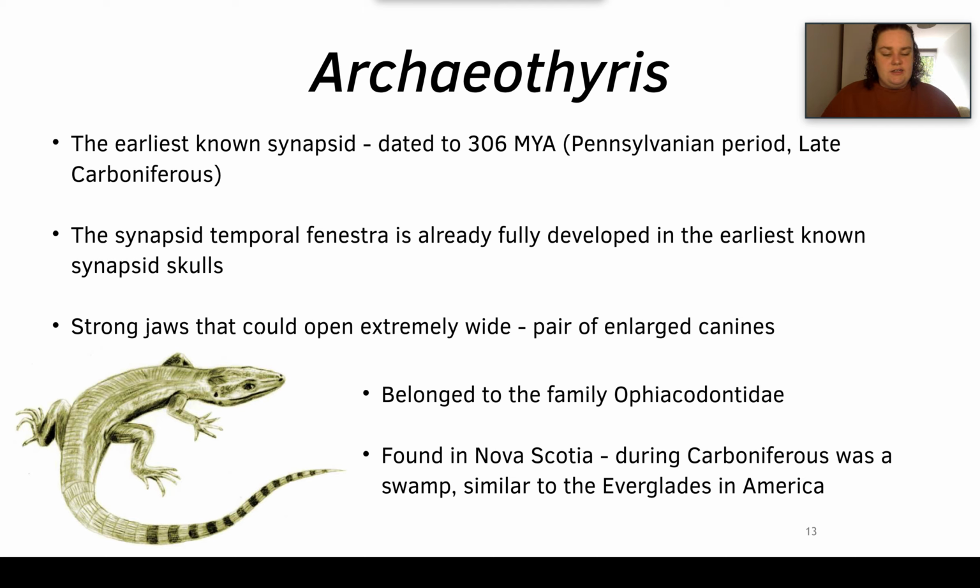It was found in Nova Scotia, which during the Carboniferous was a swamp similar to the Everglades in America, because of Nova Scotia's position near the equator during the Carboniferous.